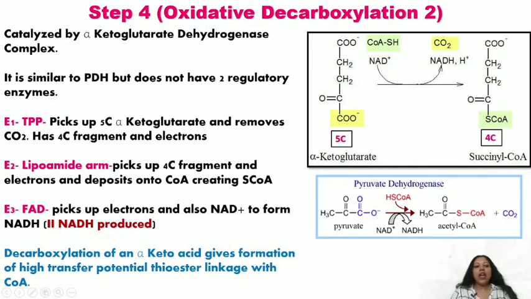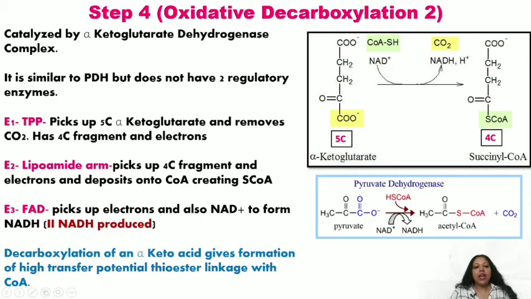So when it comes to the alpha ketoglutarate dehydrogenase complex, the function of E1 is to pick up the 5-carbon alpha ketoglutarate moiety, remove carbon dioxide, convert it into a 4-carbon fragment and hold its electrons. See, whenever a bond is broken, electrons are released. So these electrons are held by the E1 complex, correct.